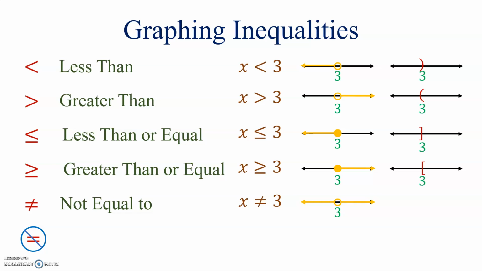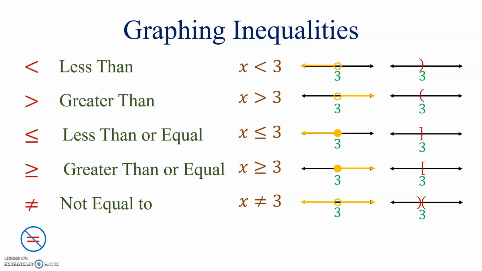And in the last situation, x is not equal to 3. Again, there's our 3. And because we do not include the 3, we're going to be using parentheses like before. But because we would normally shade in both directions, we'll have 2 separate parentheses, one going in each direction.